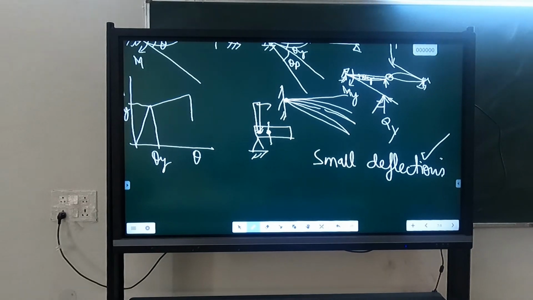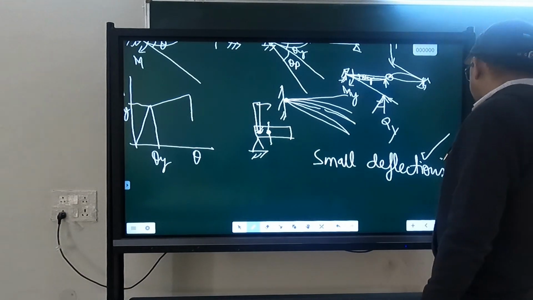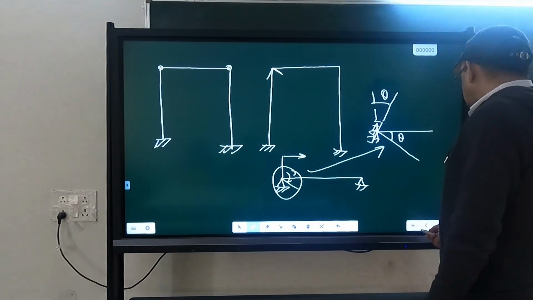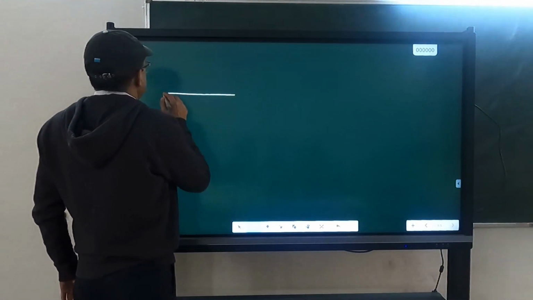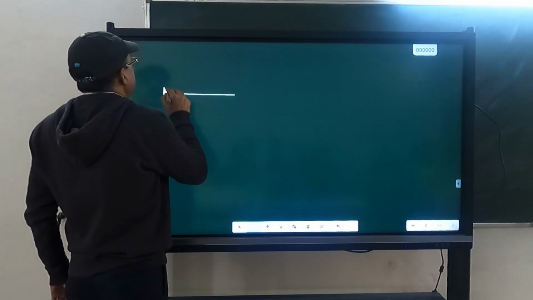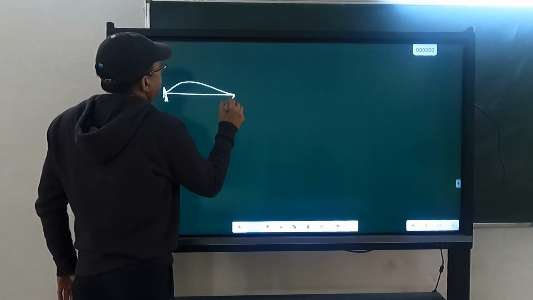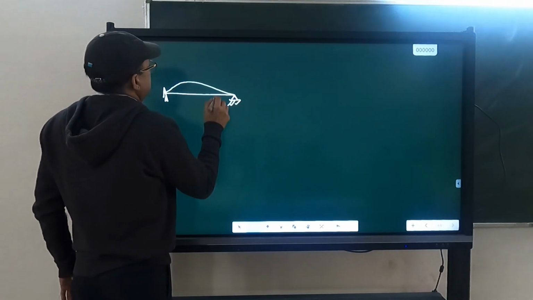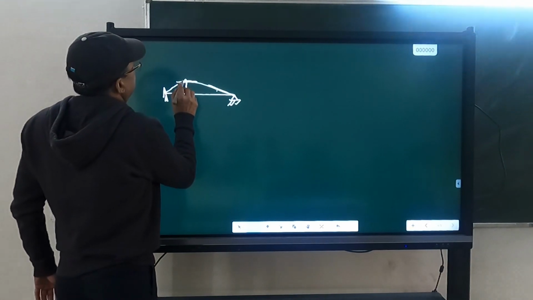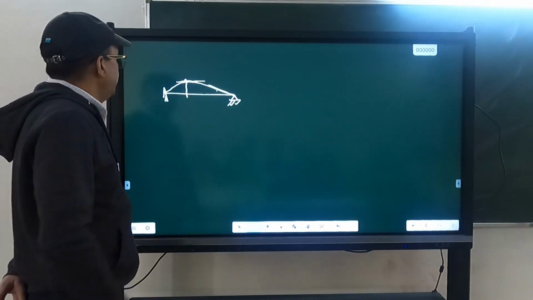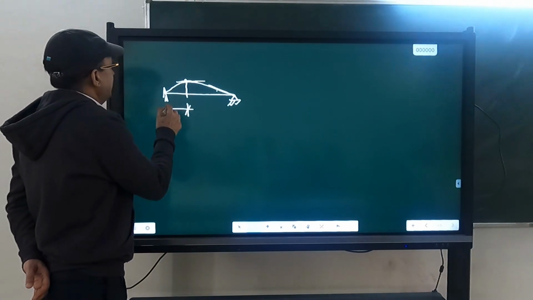It will be in case of a propped cantilever. If you rotate this, and here it is simply supported, let us say, somewhere here the maximum deflection will be created. This distance you have to calculate.